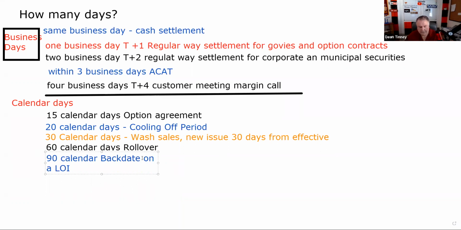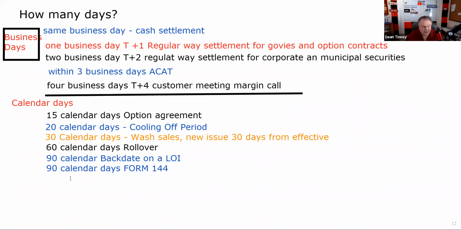This would also be how long the Form 144 is good for. Or when you're going to file the form, and remember, to file the form, you can sell up to 1% of the outstanding shares, or the average of the last 4 weeks trading volume, whichever is greater.